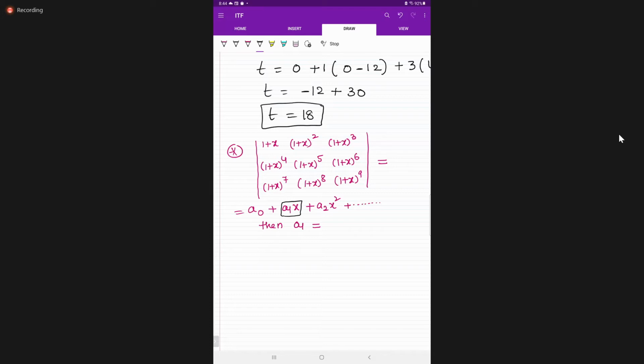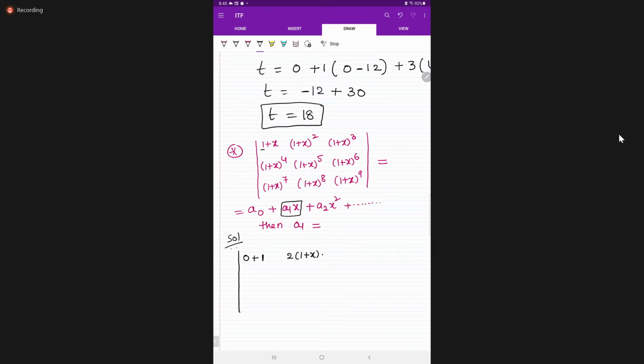If you take differentiation, what is the differentiation of x? It is 1. So in this determinant, do differentiation first. 1 differentiation is 0, x differentiation is 1. Next, x square differentiation is 2 into 1 plus x into 1, derivative of 1 plus x being 1.